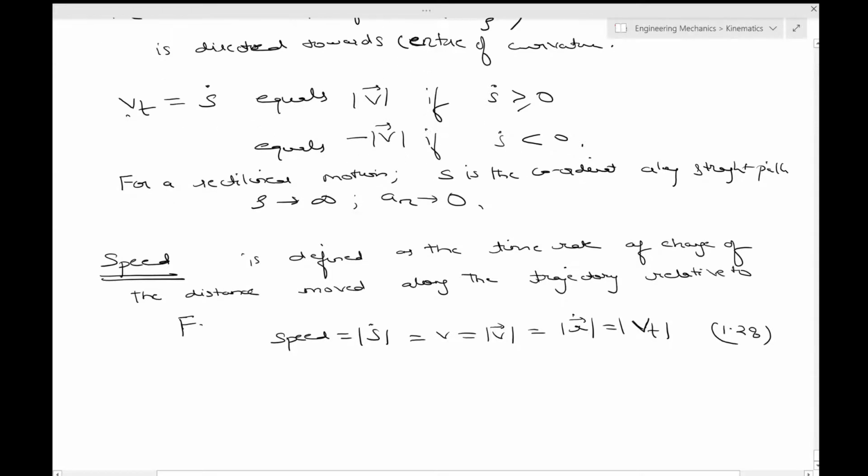If you want to find the distance moved with respect to the frame F from time t0 to t, you can have the distance moved as the integral from t0 to t.